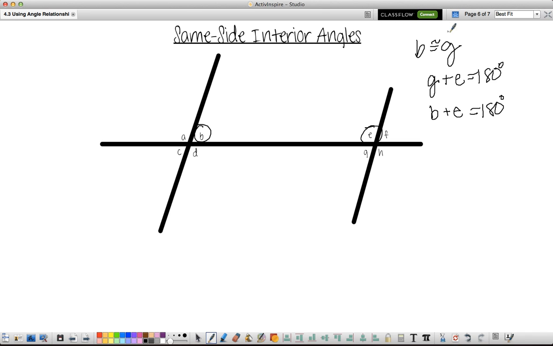So I know that same side interior angles are supplementary.